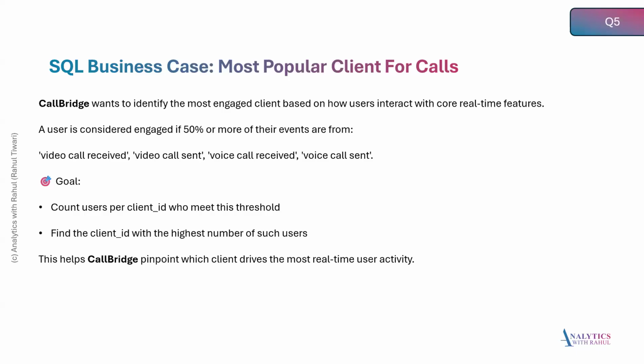The goal here is to count users per client ID who meet this threshold, and find the client ID with the highest number of such users. This helps Callbridge pinpoint which client drives the most real-time user activity.